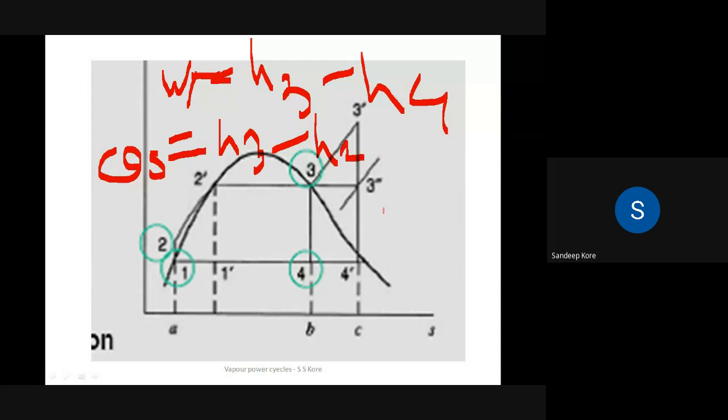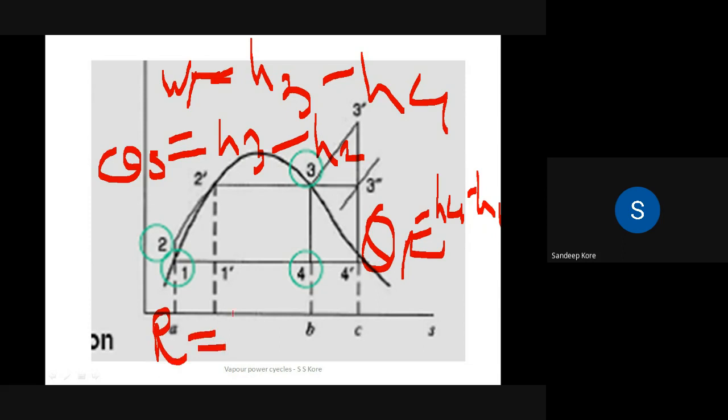Heat rejected by condenser QR is equal to H4 minus H1. Okay, now we wrote the formula. Efficiency of Rankine cycle is equal to turbine work upon heat supplied, because we are neglecting the pump work. So the efficiency is H3 minus H4 divided by H3 minus H2.